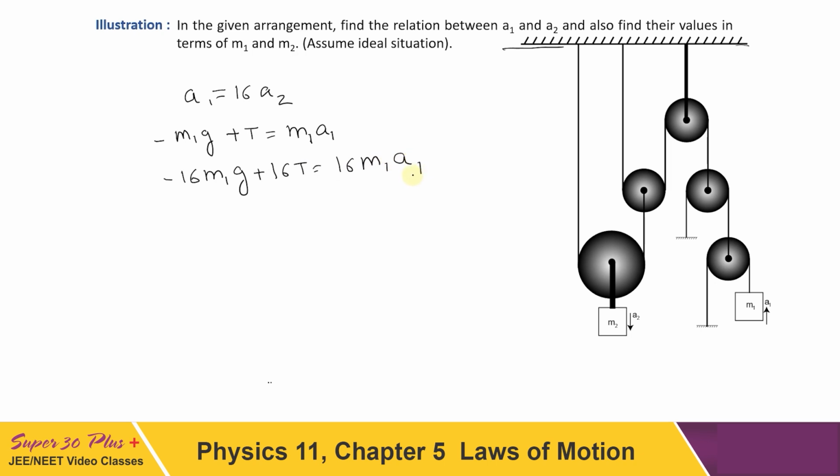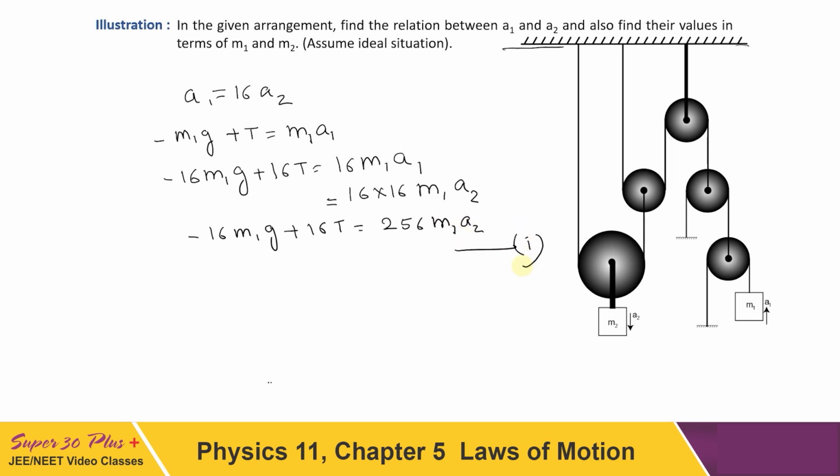In place of a1, now we can write 16 a2, so it will be 16 into 16 m1 a2. On solving, we will get minus 16 m1g plus 16T is equal to 256 m1 a2. Let this be our equation number 1.